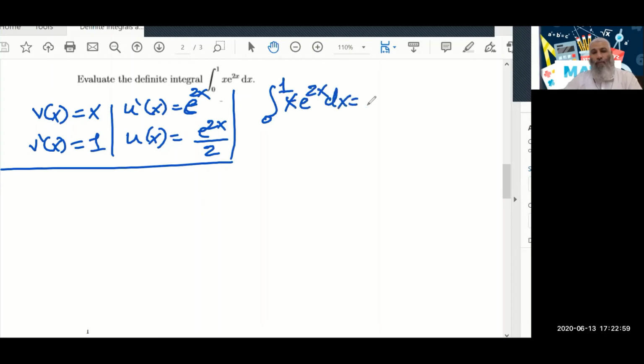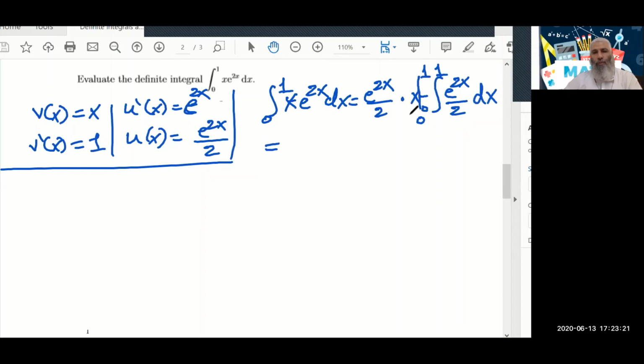e power 2x over 2 multiplied by x, minus the integration of e power 2x over 2 multiplied by 1, which means just e power 2x over 2 dx, from 0 to 1.